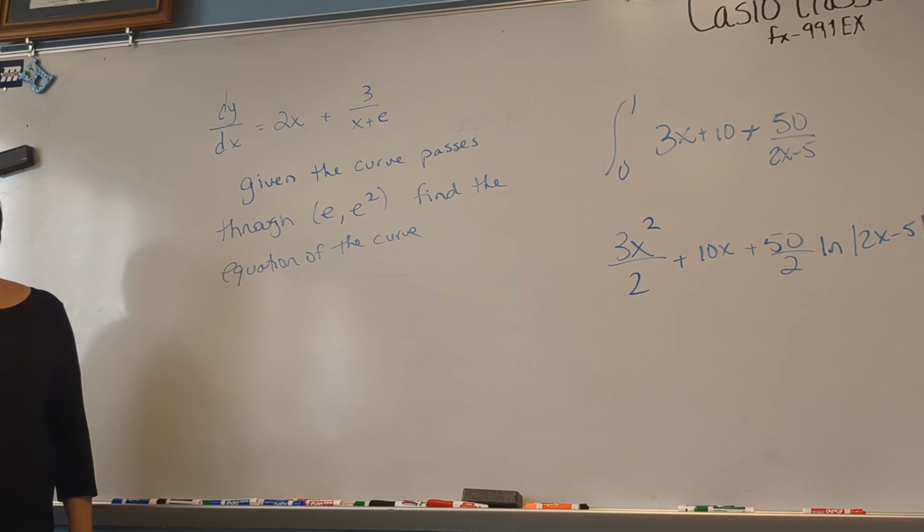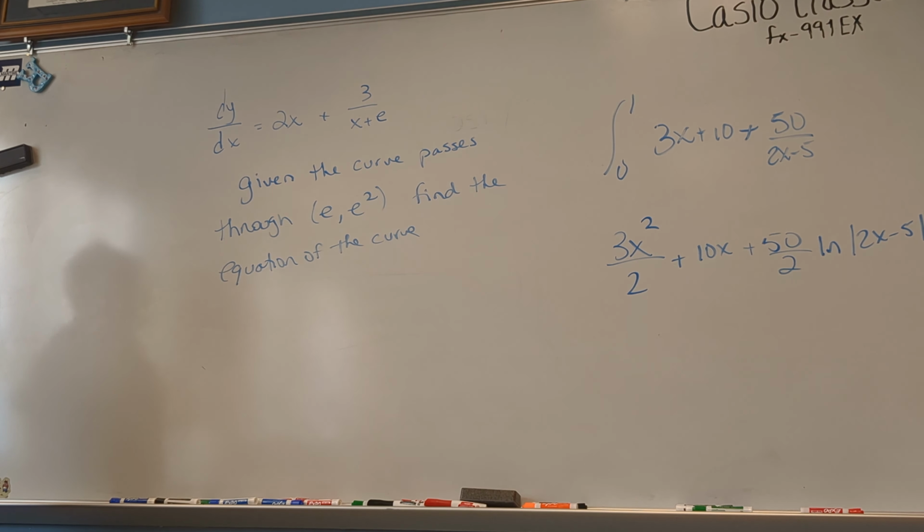The curve is like the regular, not the derivative. Yeah, you're looking for the original curve. So given that the curve passes through the point e and e squared, find the equation of that curve, the original curve.